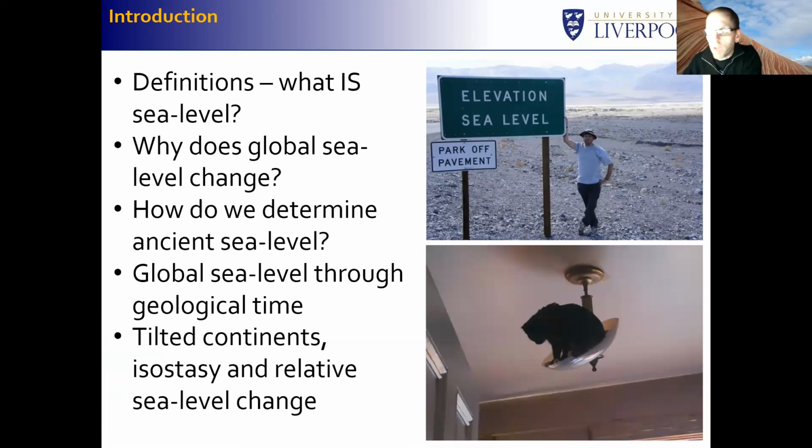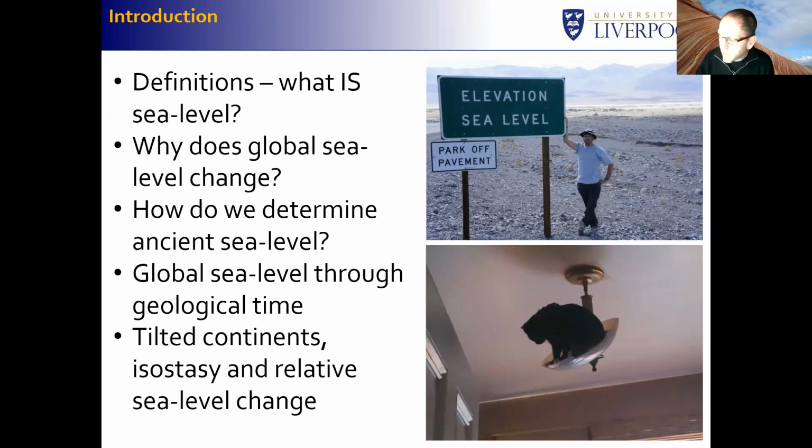And then following on from that, what is the history of global sea level change through geological time? And then finally, I'm going to talk about tilting continents, isostasy, and relative sea level change to bring in a more tectonic element to the discussion, which is particularly significant in the deep time history of sea level change.